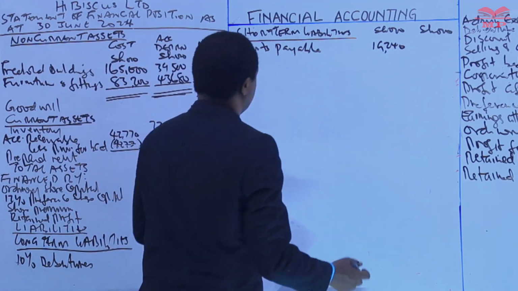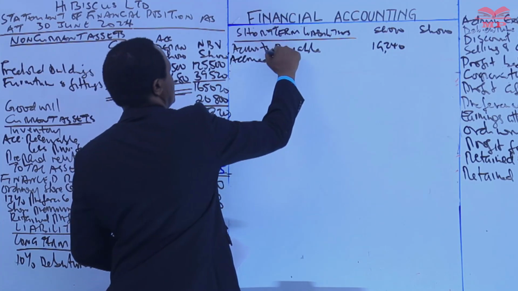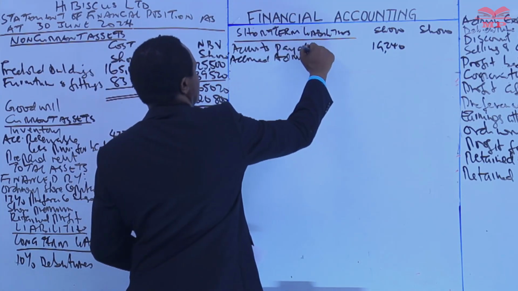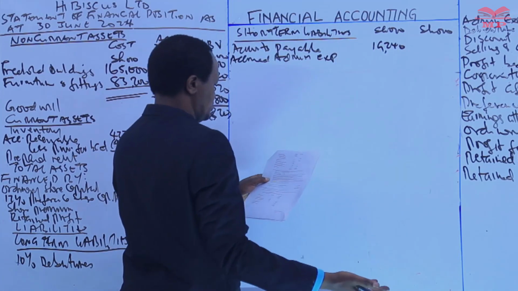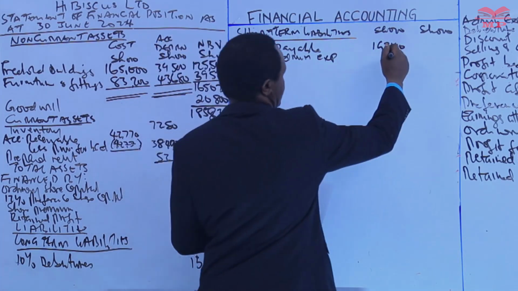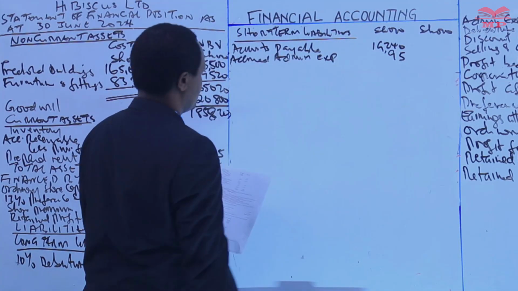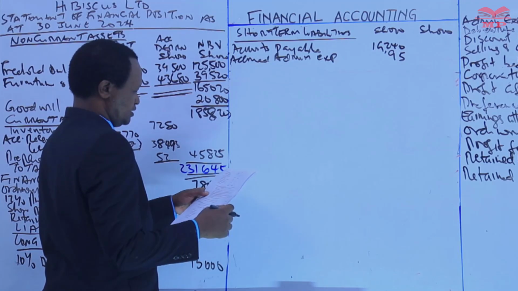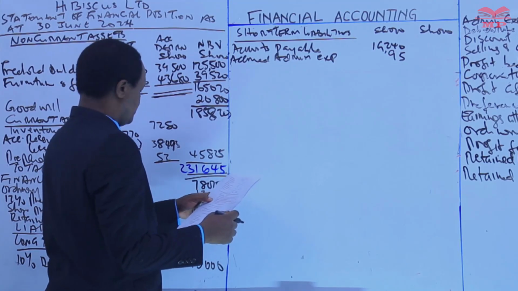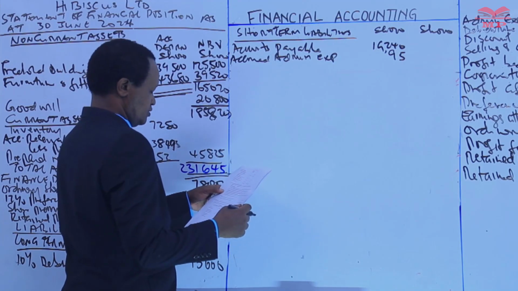Accrued admin expenses, that is a liability. It has not been paid. 95. Unpaid expenses are short-term liabilities. So apart from admin, which one?